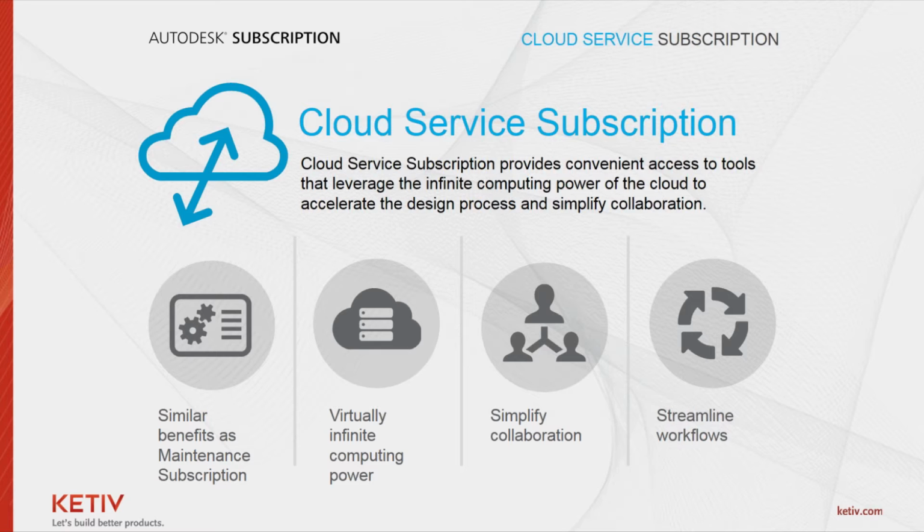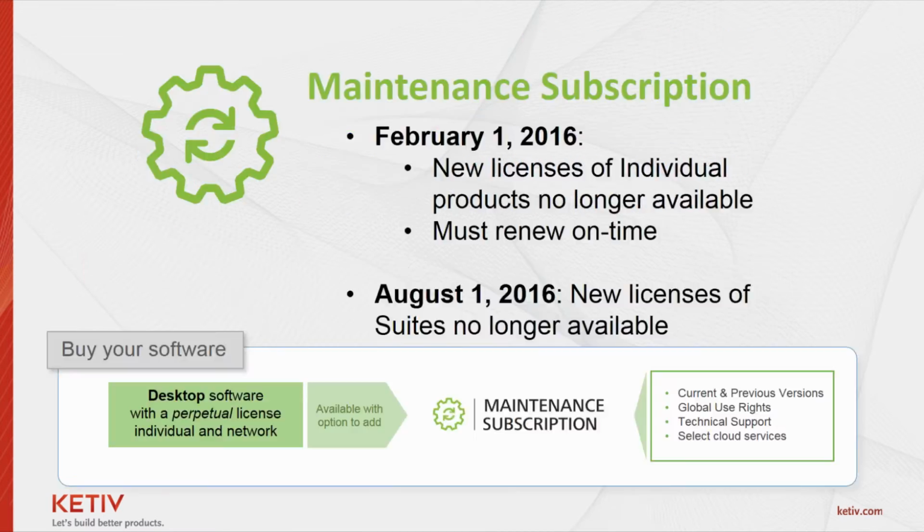I see some of you on the line that use tools like Collaboration for Revit and Buzzsaw. Those are examples of cloud services that Autodesk has that make it easy to collaborate with customers, vendors, and other employees that may not be in the same location as you, so you're not having to email data all over.